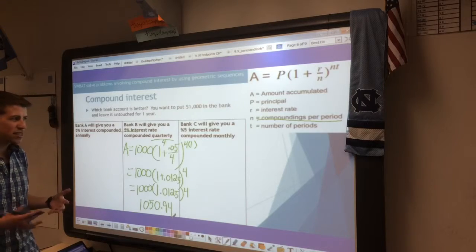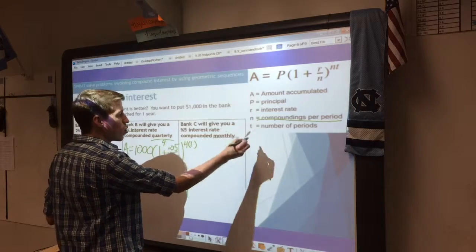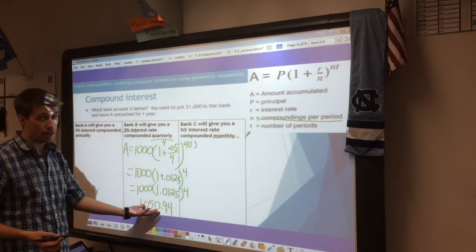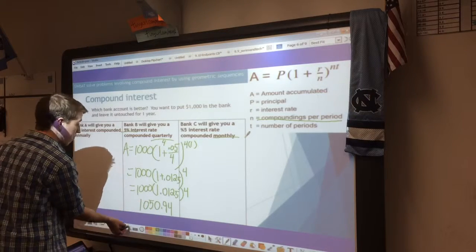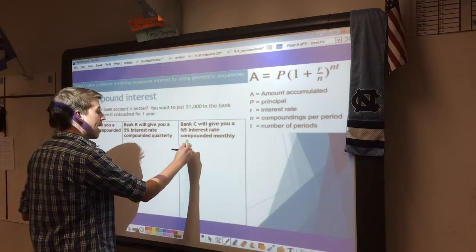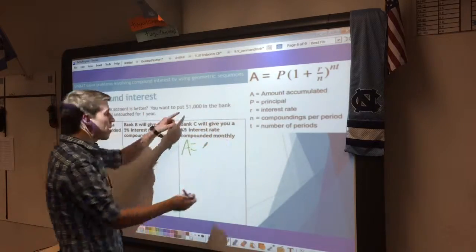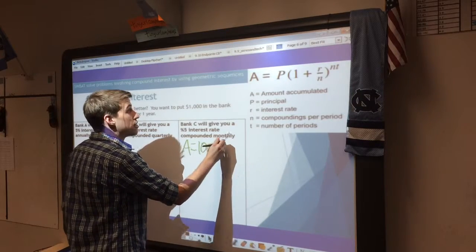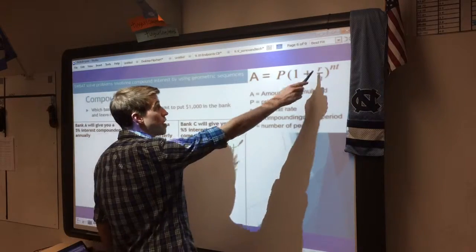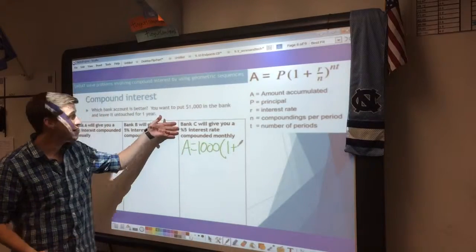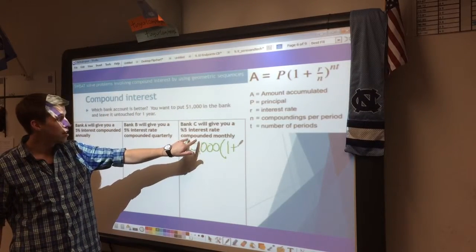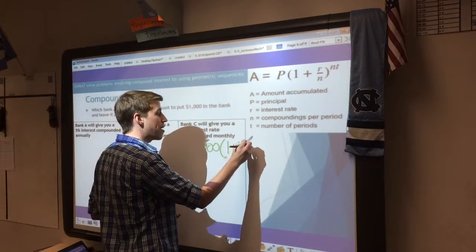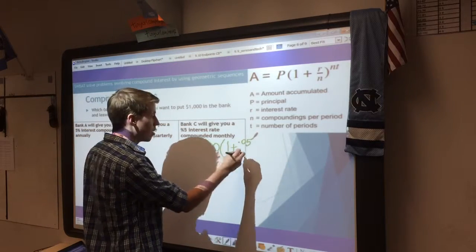So hopefully you're going to see when we come over here, we're going to compound monthly. Maybe we're going to get even more money in our bank account. Let's see what happens. Let's set it up. A is equal to the principal. Still my original investment is 1,000 times 1 plus the interest rate as a decimal. Bank C is giving a 5% interest rate compounded monthly. So we are still going to see 0.05 as our interest rate as a decimal.